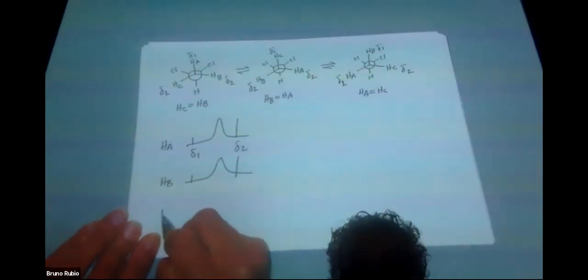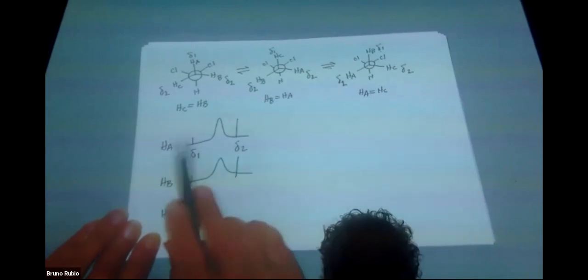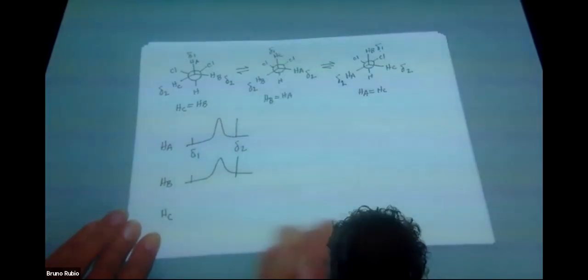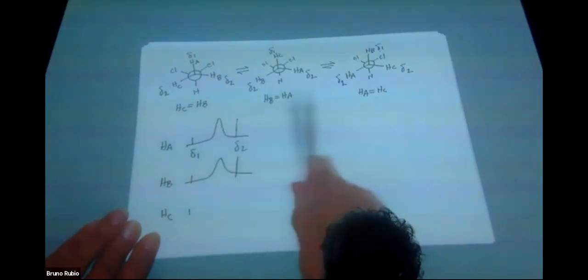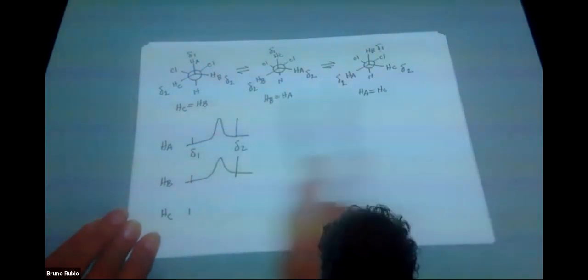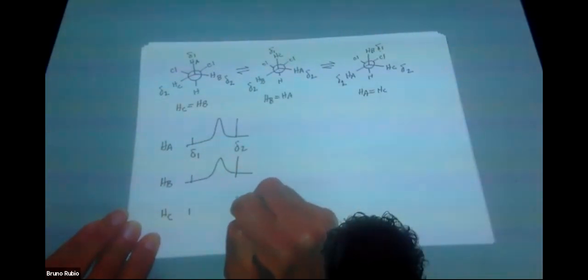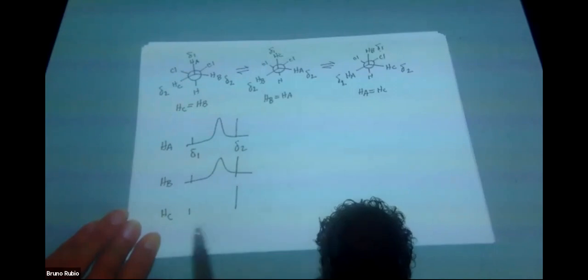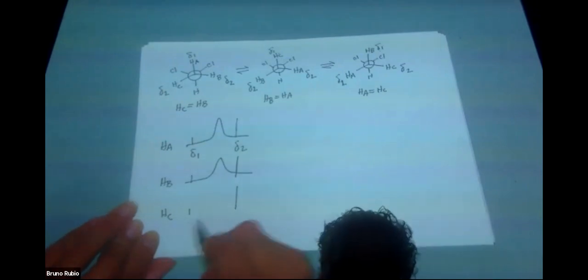Now let's see what HC is doing. HC has chemical shift delta 1, and it has chemical shift delta 2, but it has delta 2 twice, so I'm going to make that line twice as long. It's shifting between delta 1 and delta 2 billions of times per second.